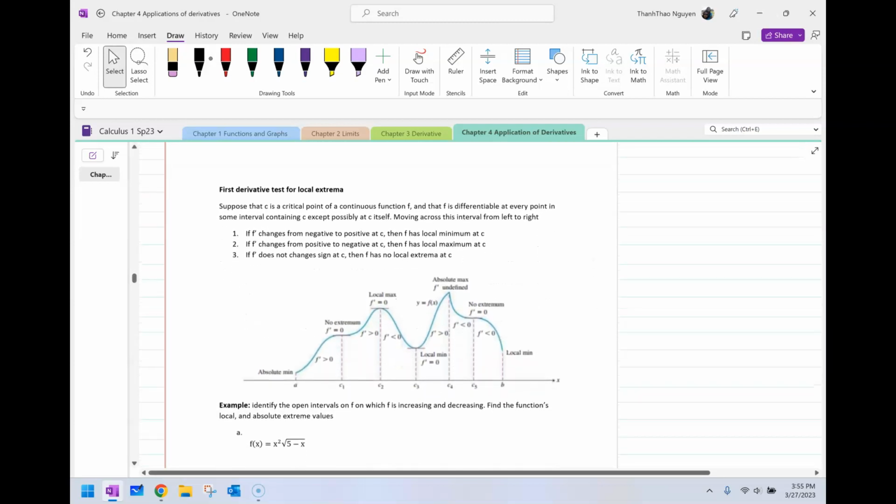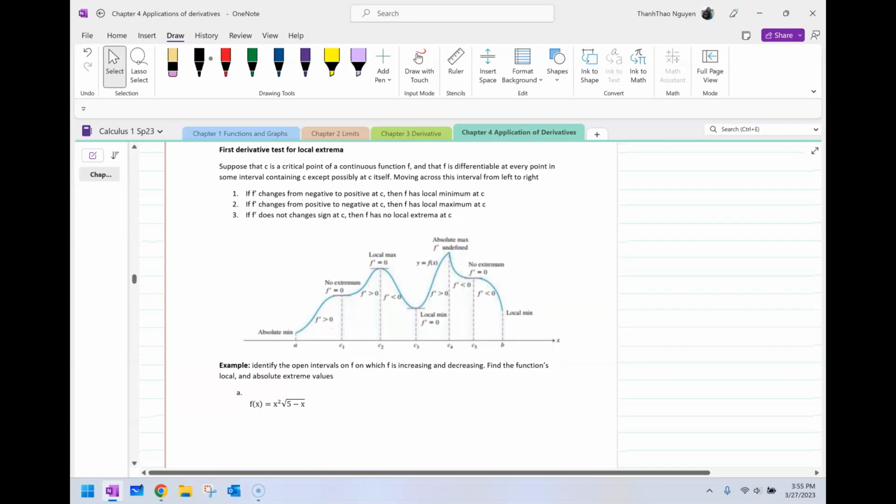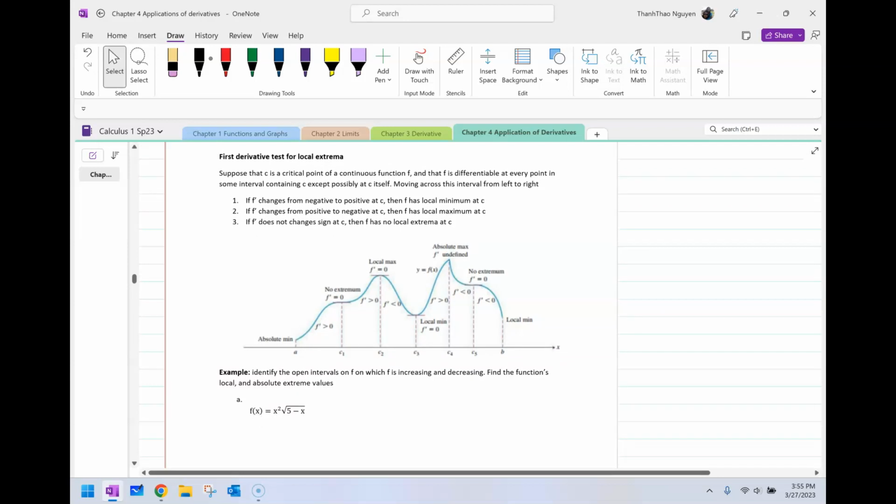First derivative test for local extrema. Suppose that c is a critical point of a continuous function f, and that f is differentiable at every point in some interval containing c except possibly at c itself.